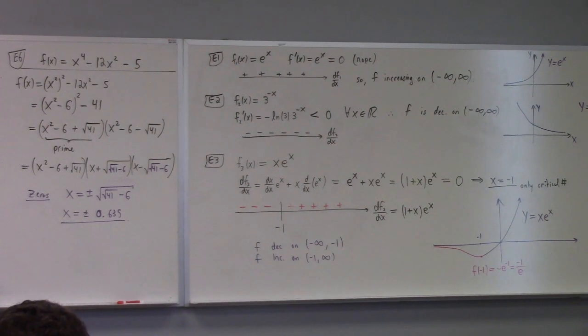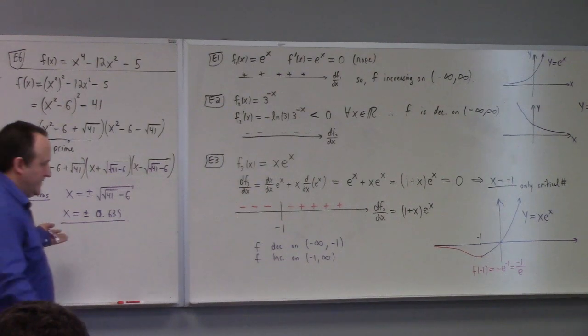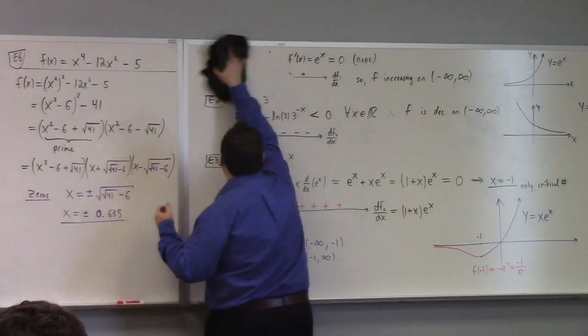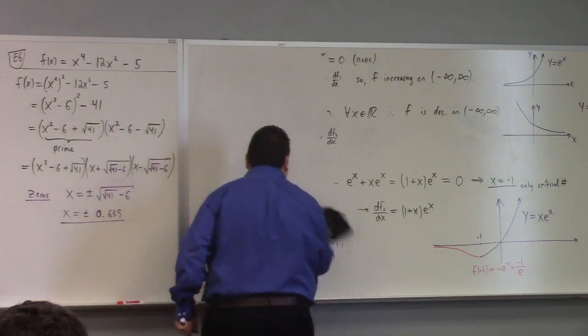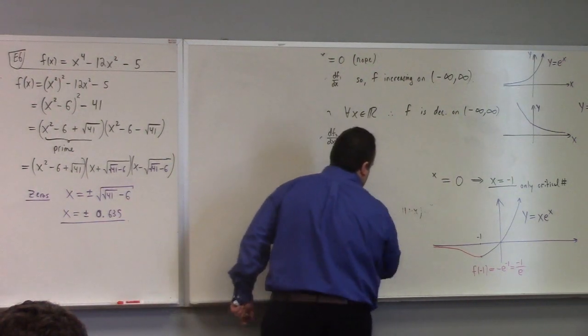All right, so now that we've got that done, we know where it crosses the x-axis. Where is it increasing? Where is it decreasing? I sure hope the derivative is not so ugly. I'm pretty sure it's not.